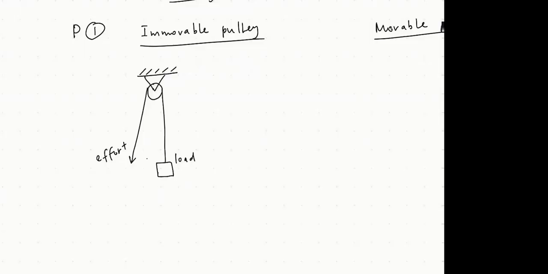If we look closely at the pulley itself, this is the pivot, and the effort is this force F1, and the load applies a force F2.